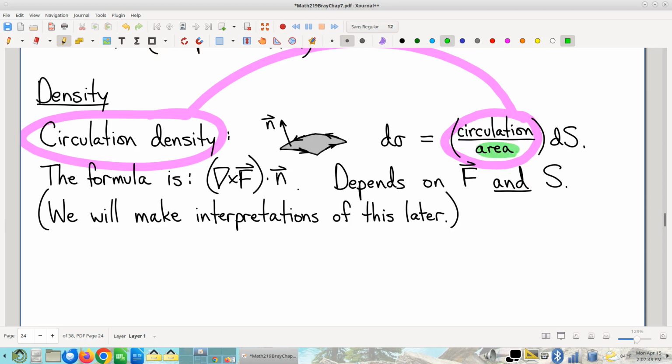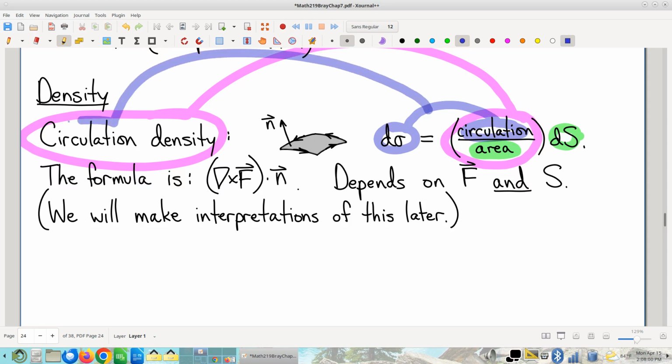Density, because it's what you multiply by size to get stuff, and circulation density specifically, because that's the stuff that we're talking about. We've talked about mass density when the stuff is mass. We talked about population density when the stuff is population, right? So we're just following the linguistic pattern: circulation density. By the way, again, just like with Green's theorem.